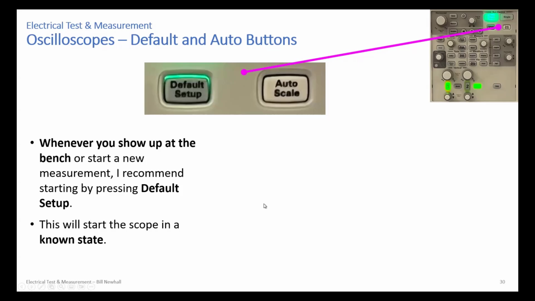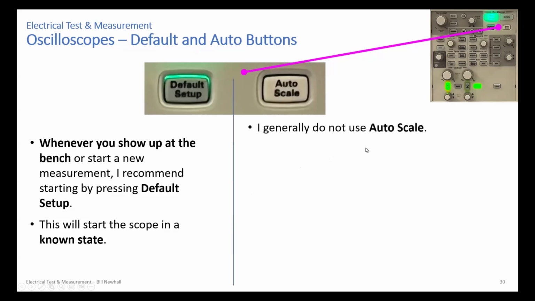Because you don't know what someone before you was doing on that scope, and they turn the scope off and you turn the scope on, and you may have some weird scale settings in there and math settings, and you're looking at the screen, it's not making sense for what you think you should be seeing out of your measurements. I recommend when you walk into lab, hit the default setup, and that will set everything back to a known state. Again, even when I'm using it, and I was the last one using it, I don't know what I did on my last measurement, so I hit default setup.